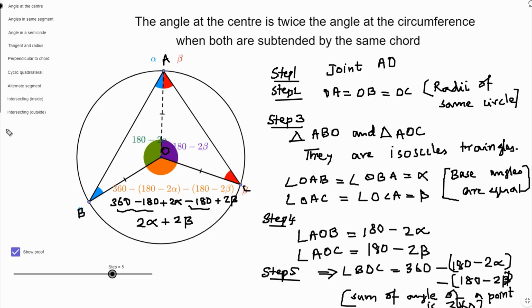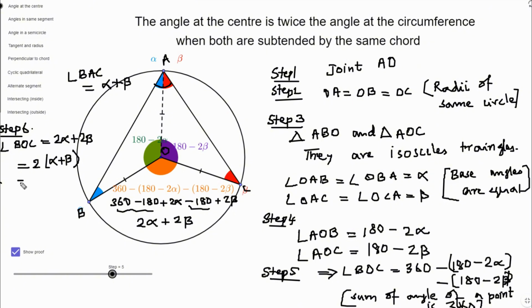So now the final step, step 6: we can write angle BOC is equal to 2 alpha plus 2 beta, and we can take out the common factor. So it is going to be 2 times alpha plus beta. And we consider angle BAC, the angle at the circumference, which is alpha plus beta.